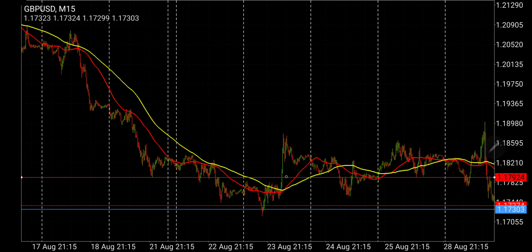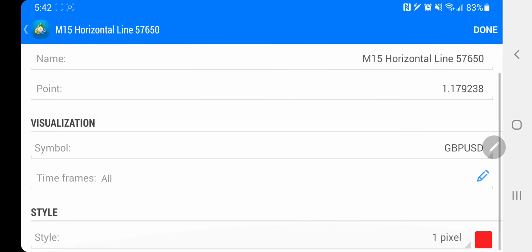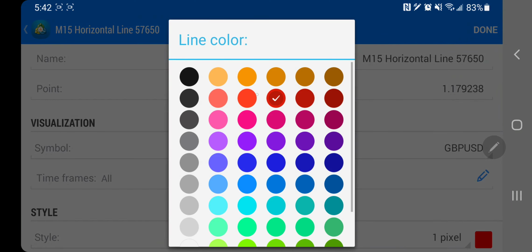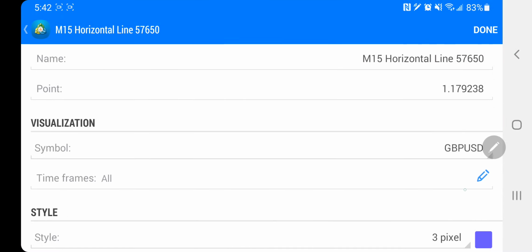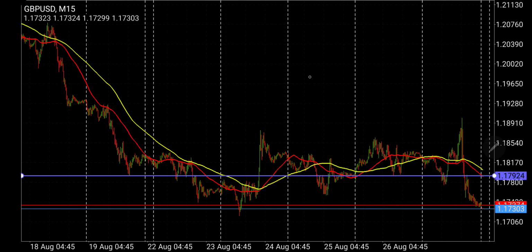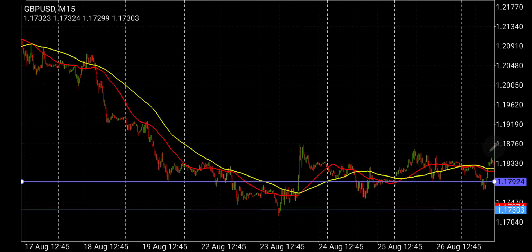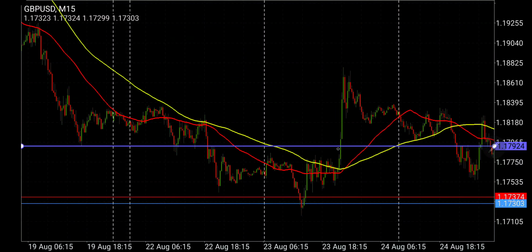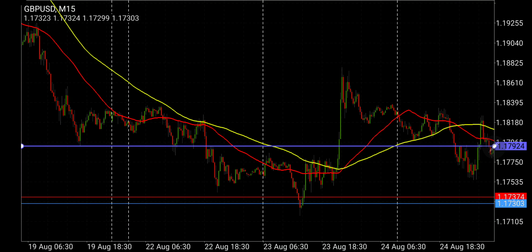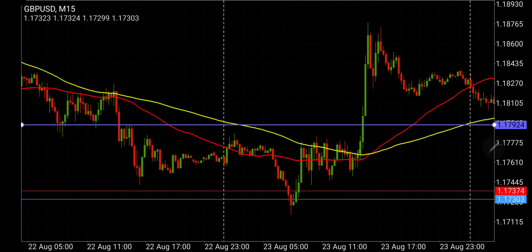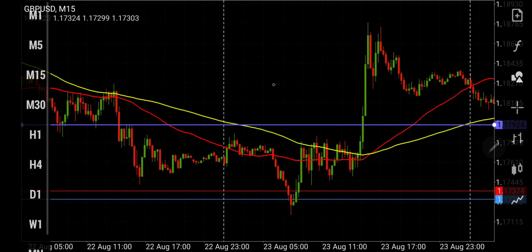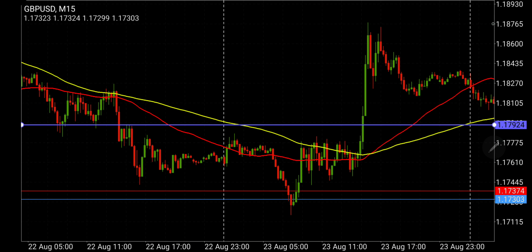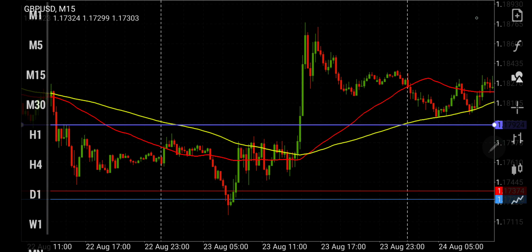All right, let me change the color to blue, thickness 3. Done. So the purple line is the low, right? I know news was coming for this particular trade, and once I saw this candle here, it was like a mini W on that trade right here.